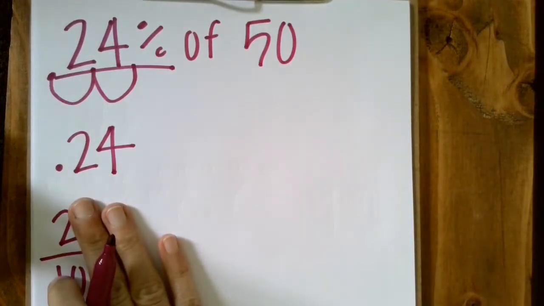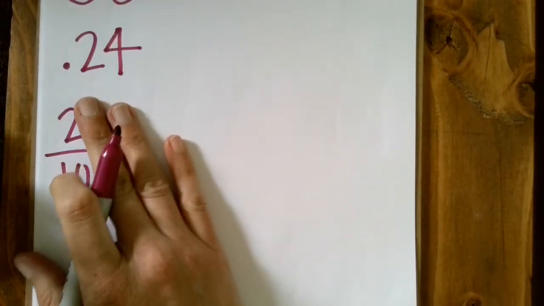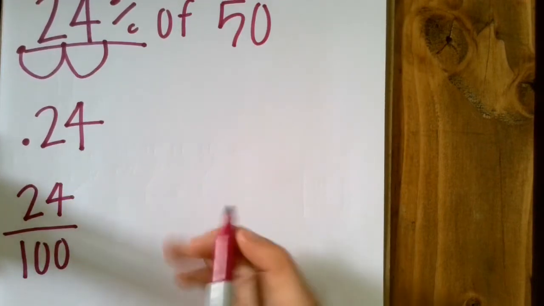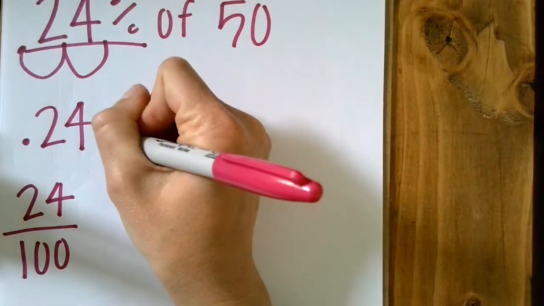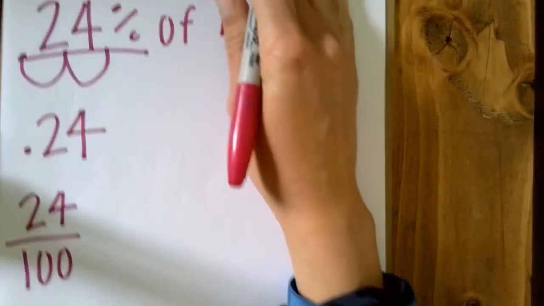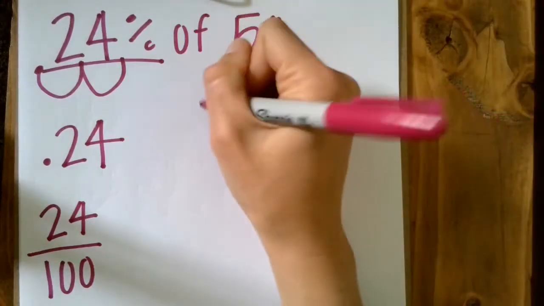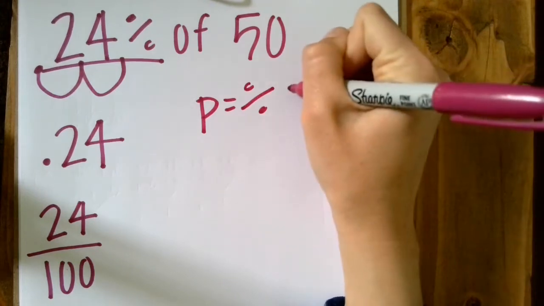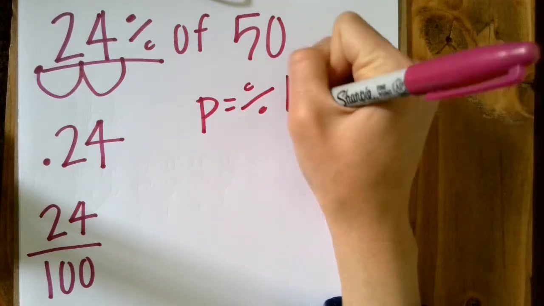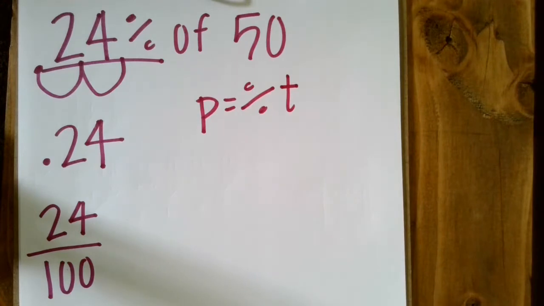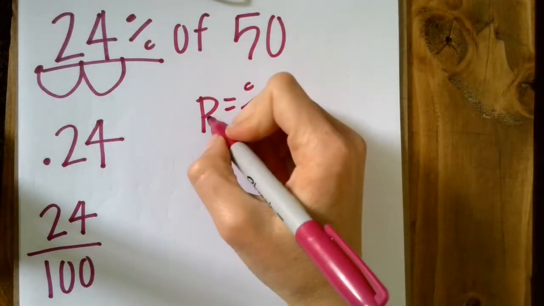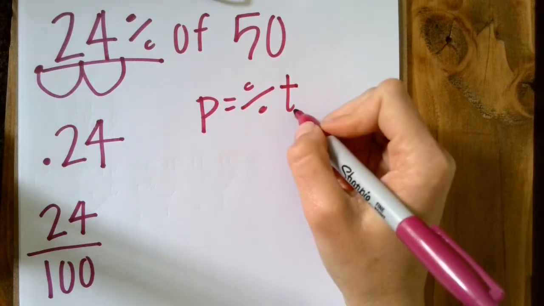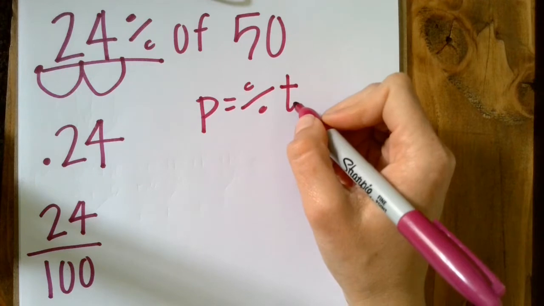So I now have my percent as a decimal, and ultimately I'm going to multiply my percent as a decimal times the whole. This is an equation that you could potentially use to help you remember. This is going to be the part, this is going to be the percent, and then this is going to be the total or the whole.